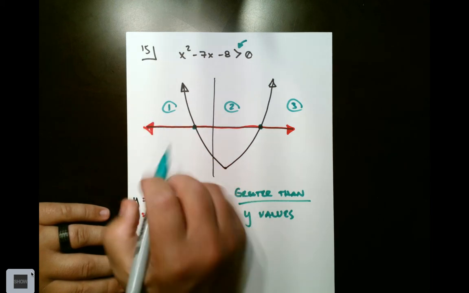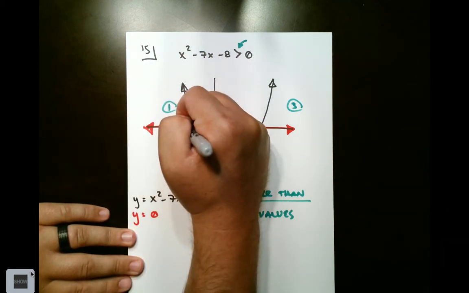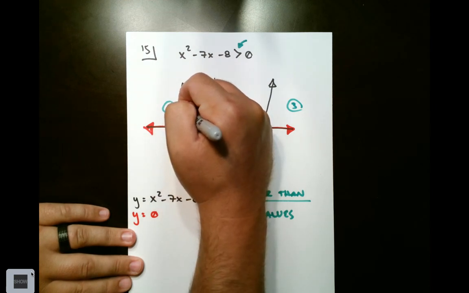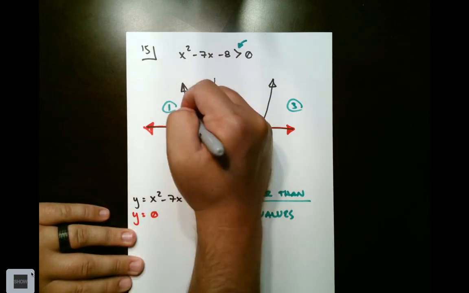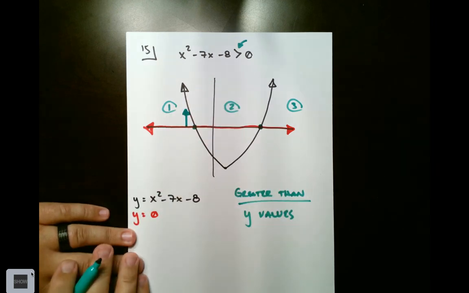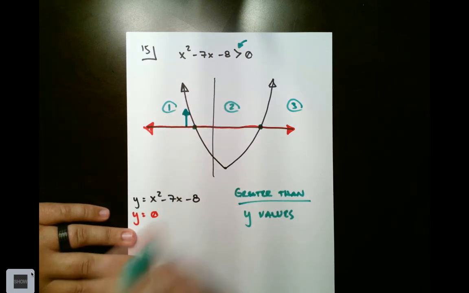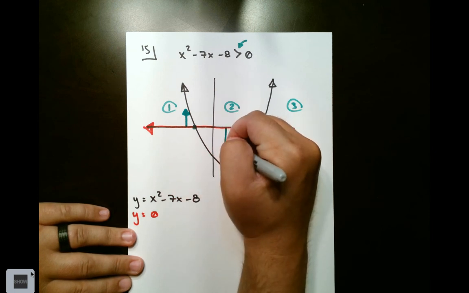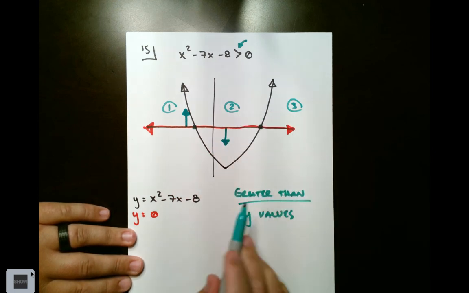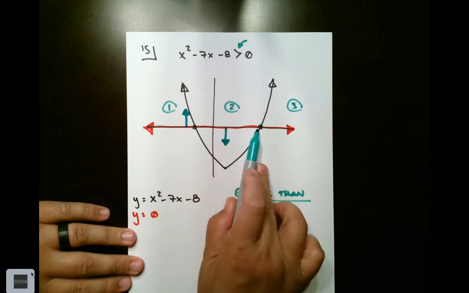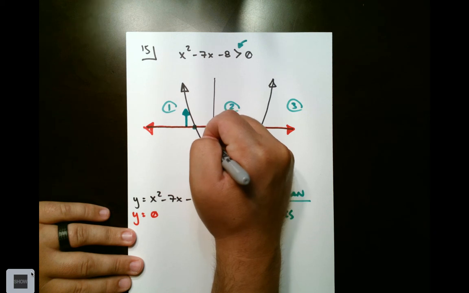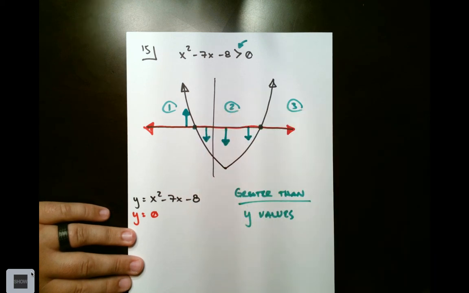Well, if we look in zone 1, it looks like from this red line, my parabola is greater, right? It's higher than that line. In between my 2 x-intercepts, it looks like my parabola is less than that line, right? In between these 2 x-intercepts, it doesn't matter where I look, that parabola is always less than that line.